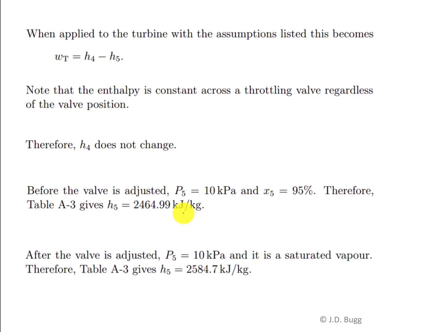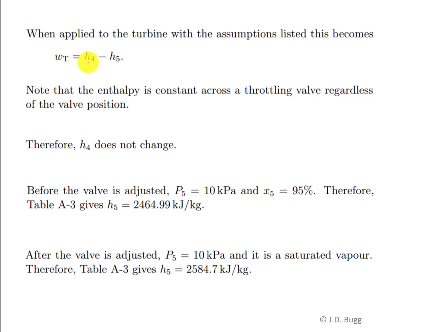After the valve is adjusted, the pressure in the condenser is still 10 kilopascals, but now that point is a saturated vapor. So table A3 would tell us that the enthalpy is now 2,584.7. So notice the enthalpy at the exit of the turbine has increased. So this is increasing, so it means the work is going to reduce because h4 is staying the same.